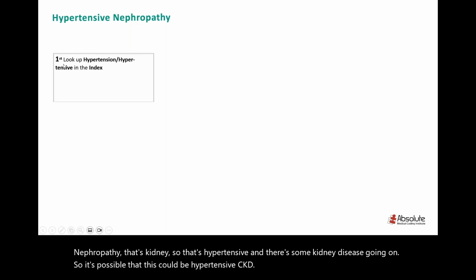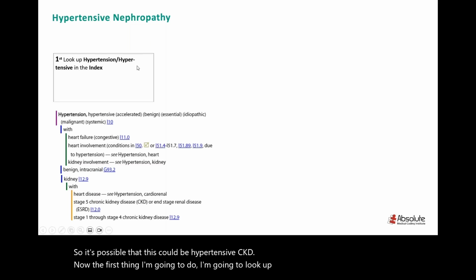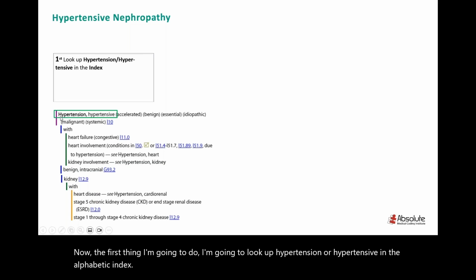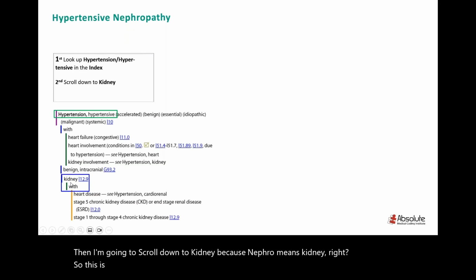Now, the first thing I'm going to do, I'm going to look up hypertension or hypertensive in the alphabetic index. Hypertension. Then I'm going to scroll down to kidney because nephro means kidney, right? So this is hypertension with kidney.